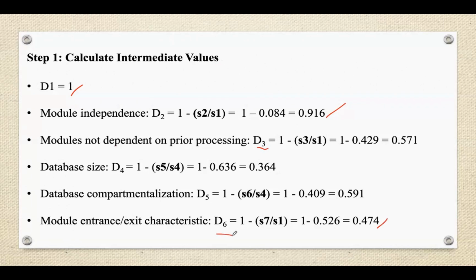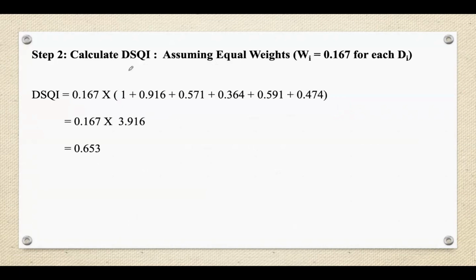So what is the next step? So substitute these values in the formula DSQI. We need to calculate that. So calculate DSQI. Here they didn't mention anything about weights, so we are assuming equal weights for each intermediate value. So equal weight means Wi will be 0.167.